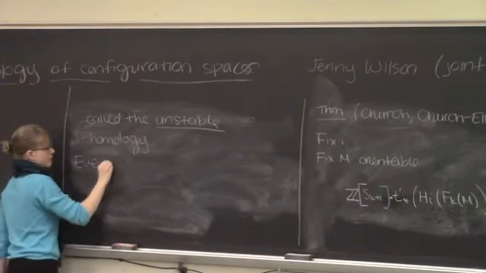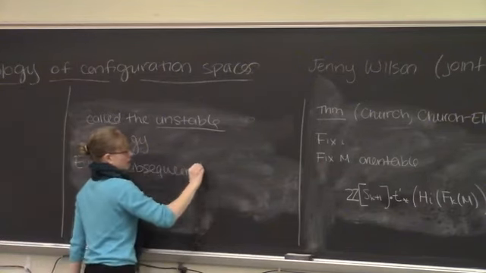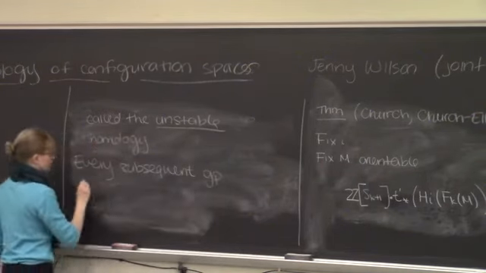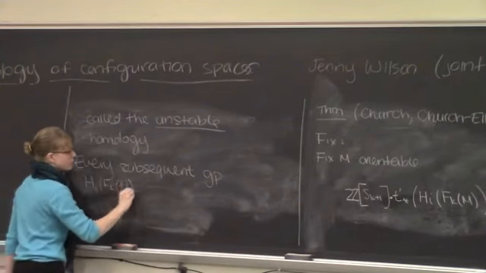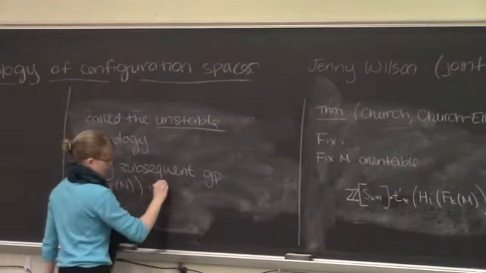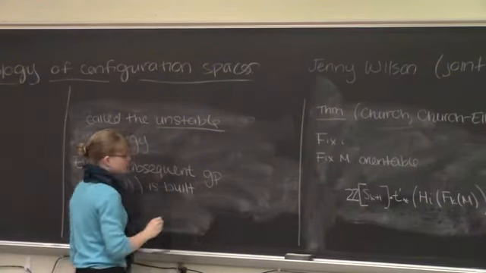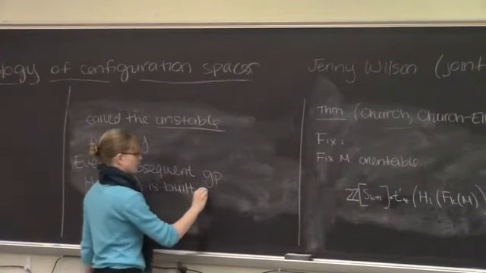And every subsequent homology group in the sequence is built up from these unstable groups in some well-understood way. There's some nice formula that involves inducing up that is easy to write down.